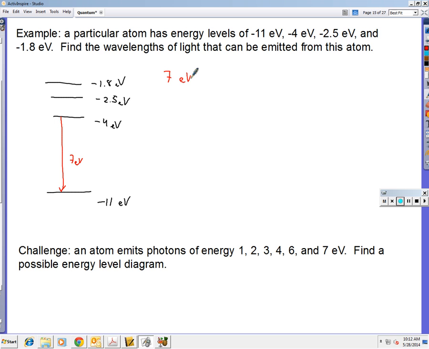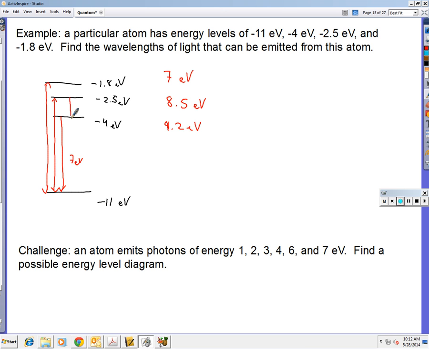7 electron volts, the difference between 11 and 2.5, which is 8.5 electron volts, and 9.2 electron volts.